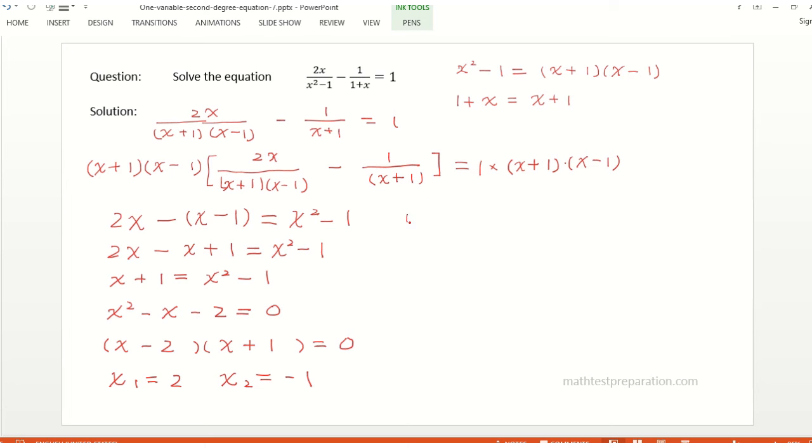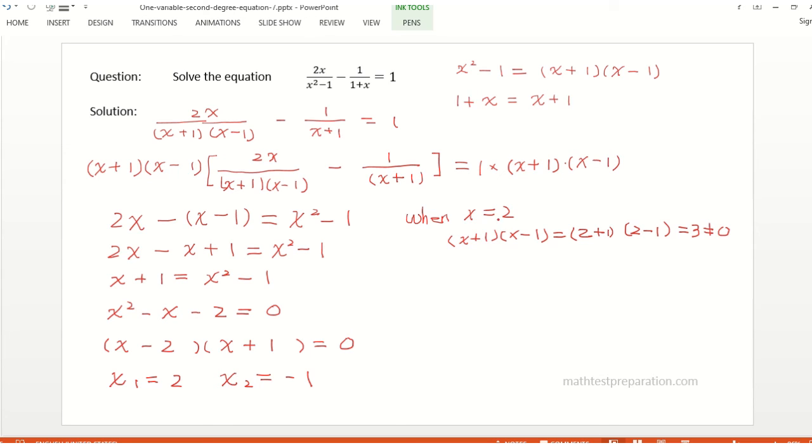So when x equals to 2, x plus 1 times x subtract 1 equals to 2 plus 1 times 2 subtract 1 equals to 3, not 0.